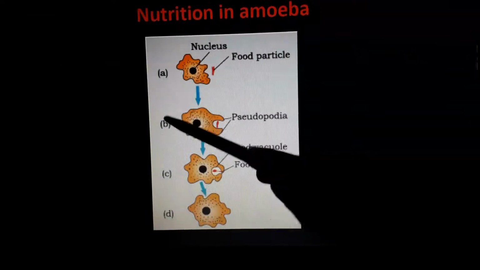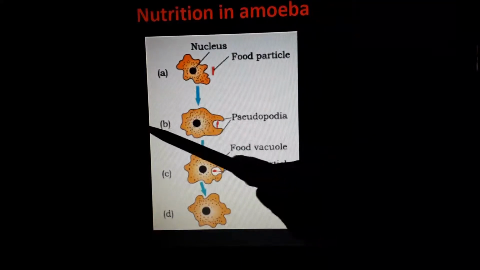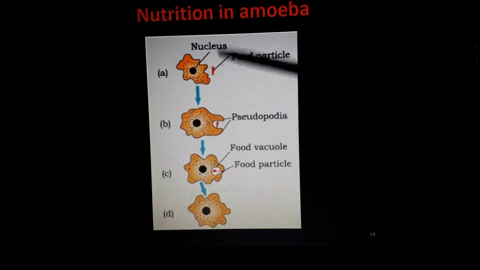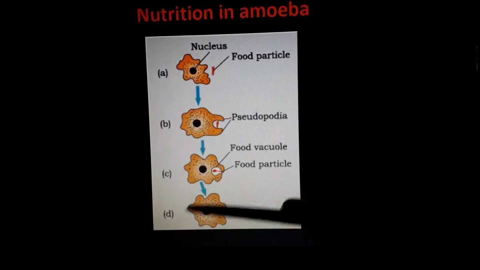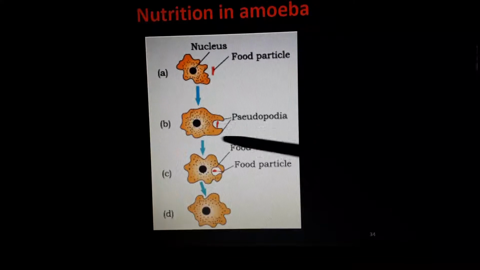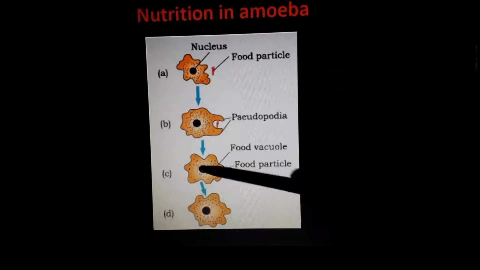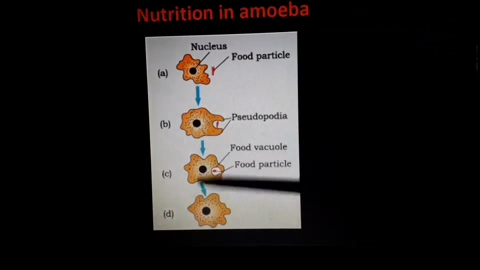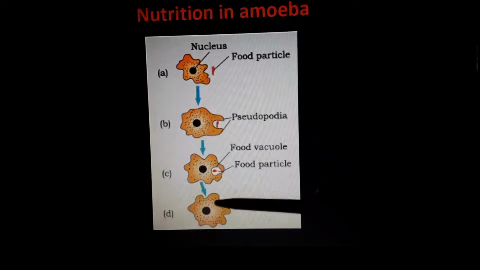If the food comes here, this part will become pseudopodia. Understand? It's a temporary finger. After eating the food, it will become normal. When the food comes on this side, pseudopodia will go in this direction. Understood? And after eating the food, it comes back to normal size.